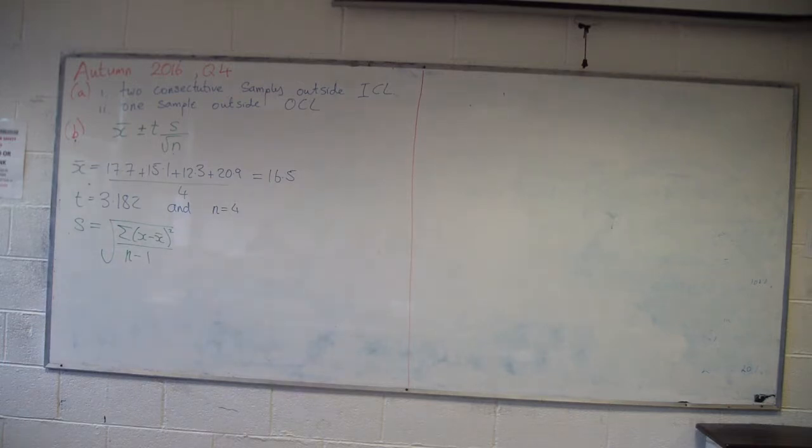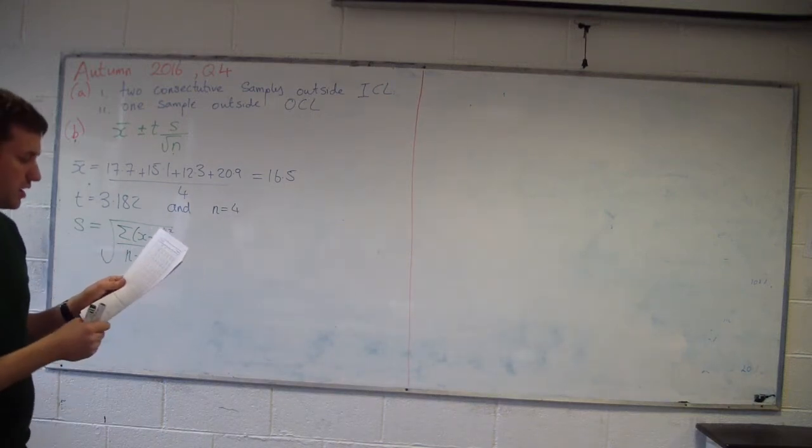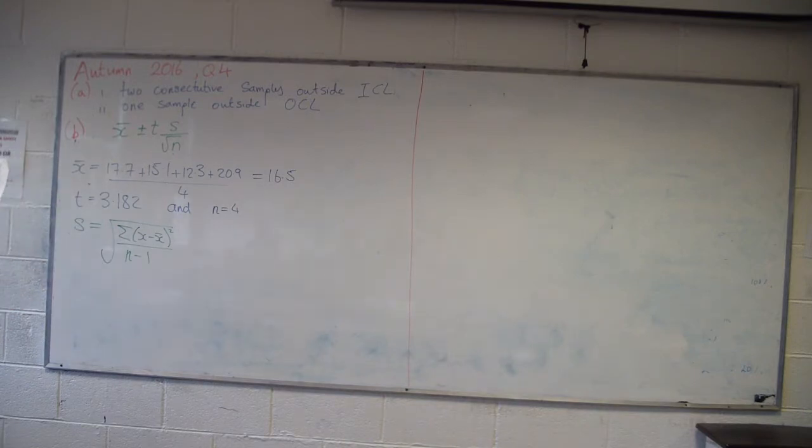Where do you get the T, 3.182? So you go back to there's a table. Have you got that in front of you? Yeah, page 9. I think it says page 7 in the notes. So you see the picture down the bottom.